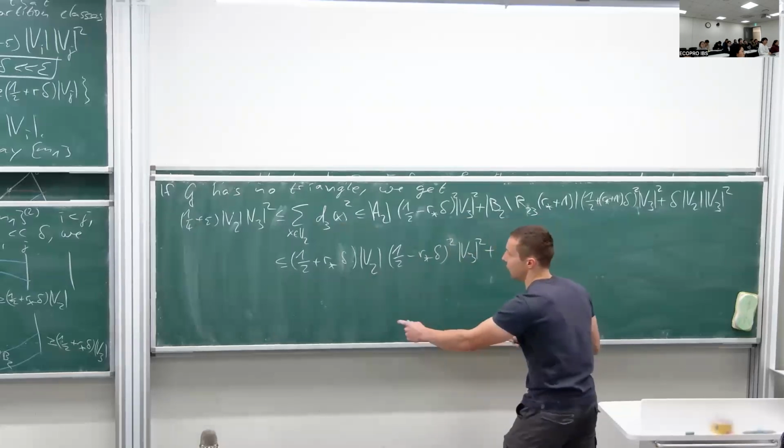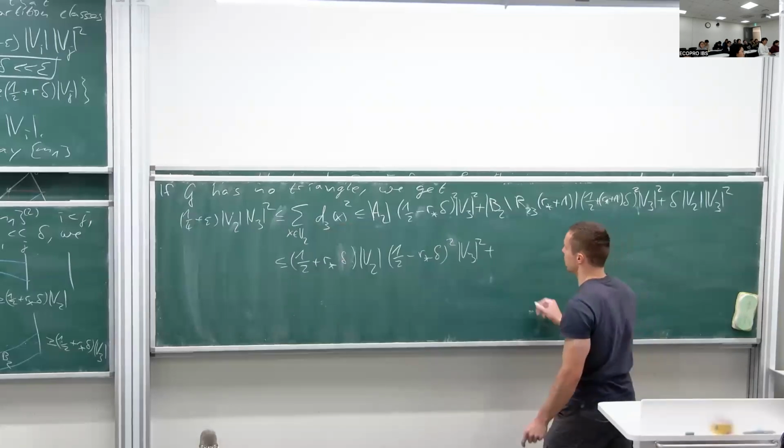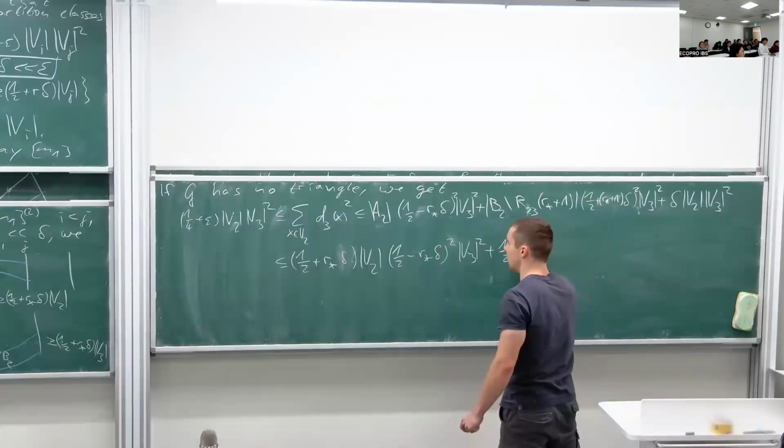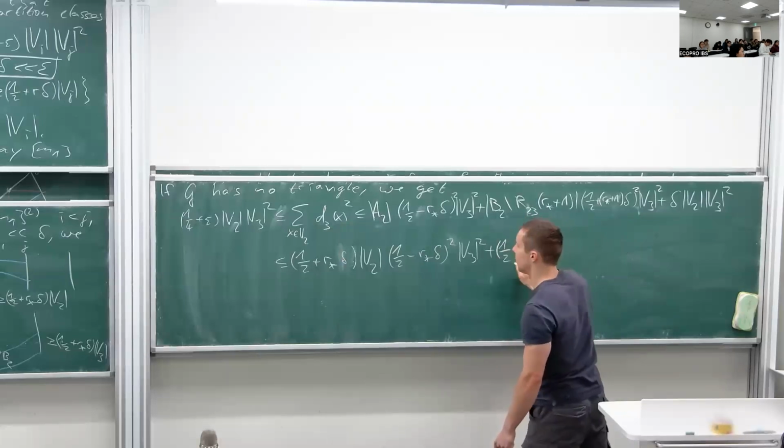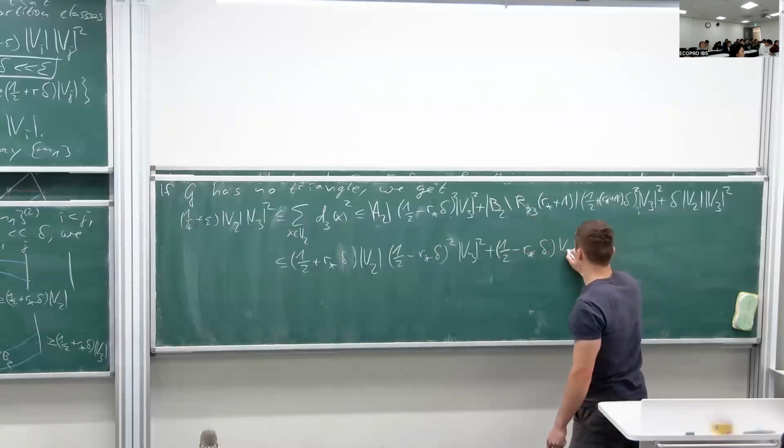In this case, if this one's as small as possible and this one as large as possible, that's still just 1/2 minus r star delta times B2.